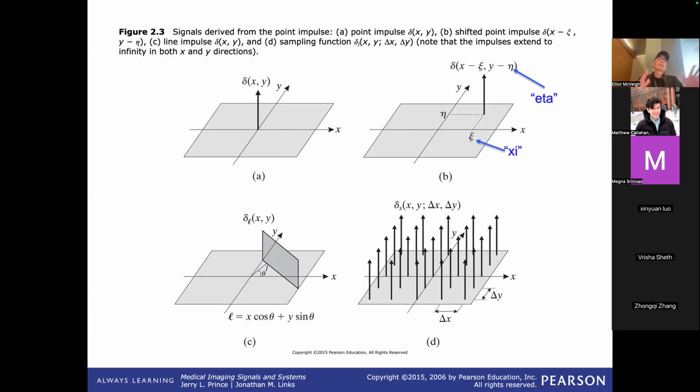And it turns out we're going to do that a lot in CT. We're going to sample lines through the patient, right? So we need this mathematical thing. And so the line is given here. It's parameterized. It's defined at each point in the plane such that this is true, right? So all x and y values such that this is true, and you get this line, okay, non-zero there.